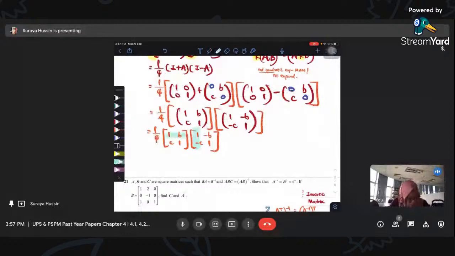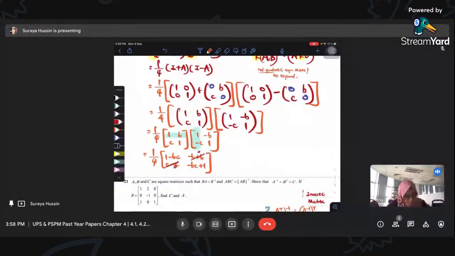I solve this part and I will get 1 over 4 with 1 minus BC. Here goes negative B plus B, C minus C, negative B plus 1. Sorry, negative BC. So in this case, this thing is 0. This thing is 0.